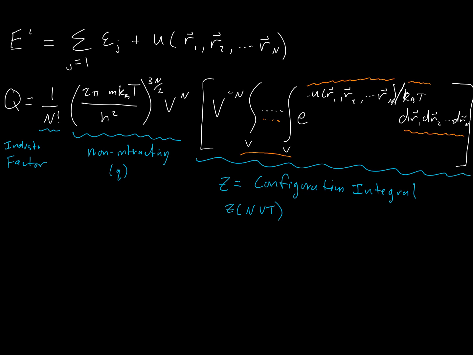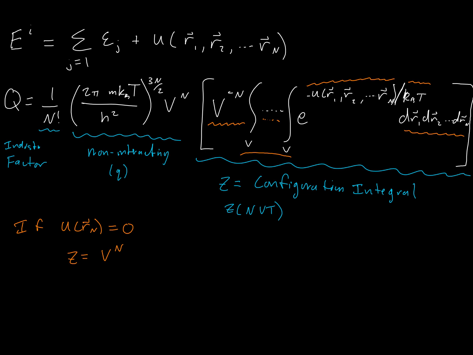This additional term that we added here, this V to the minus N, if we take U of R^N as equal to 0, then Z, the configuration integral, will just equal the volume to the Nth power.